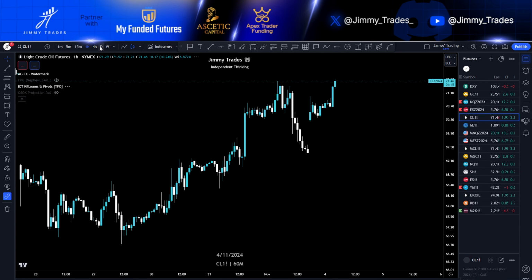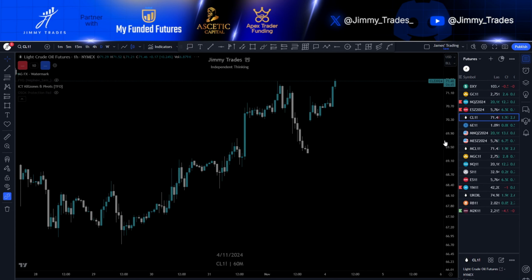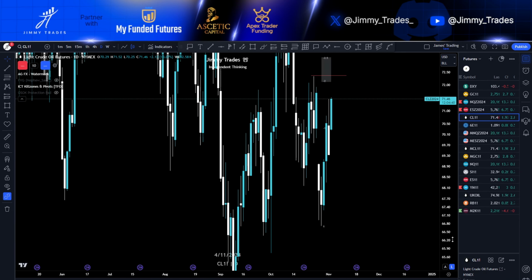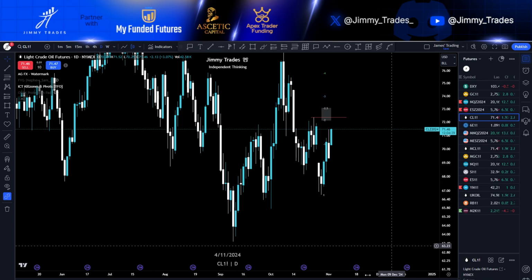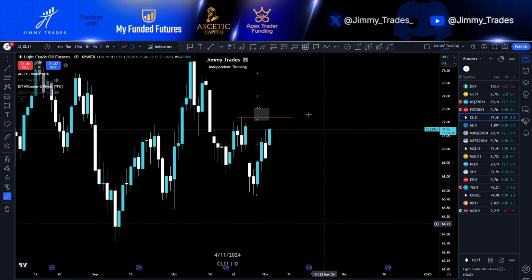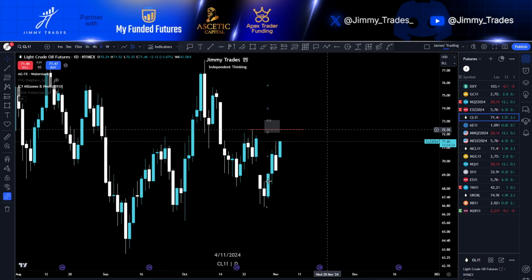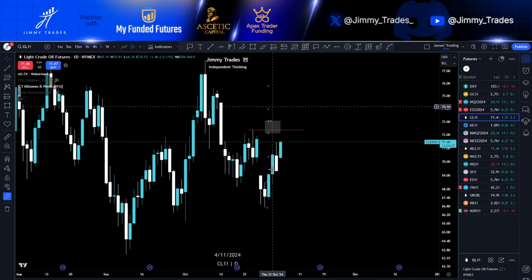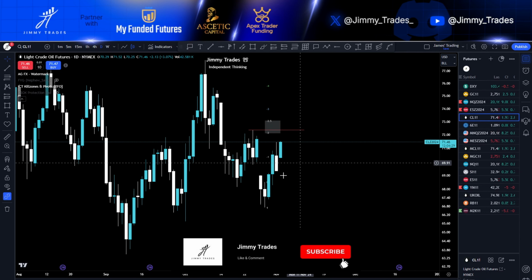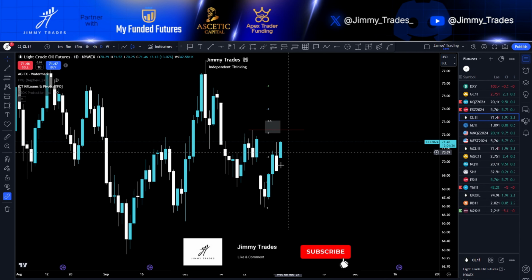Moving over to oil, let's hop out to the daily. So we had some projections on the chart, obviously from last week. I'm going to leave them there. We'll just move down to the hourly in a second.